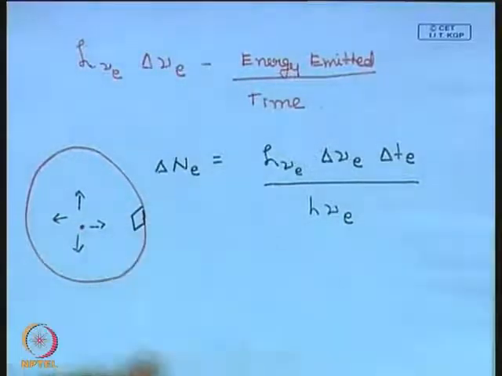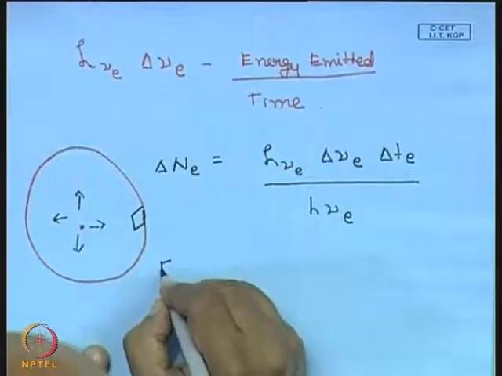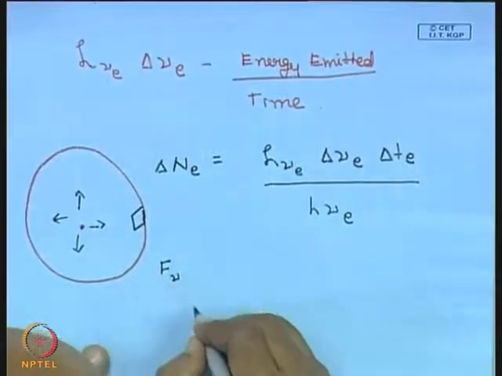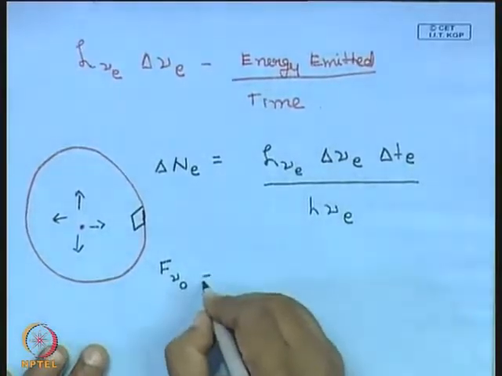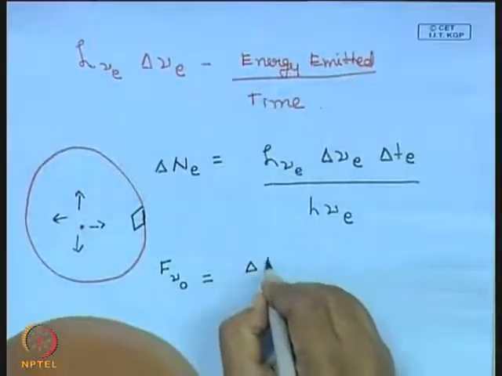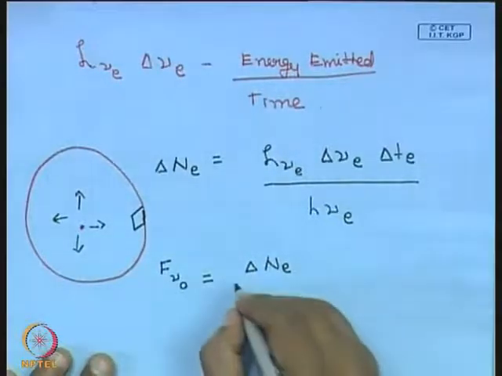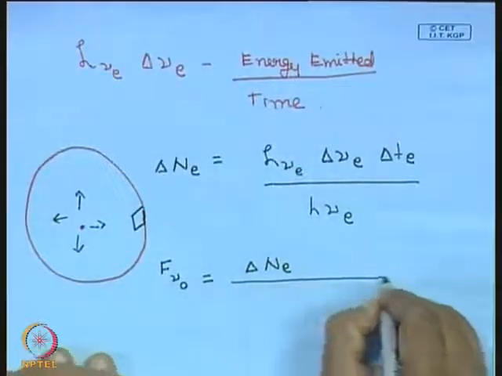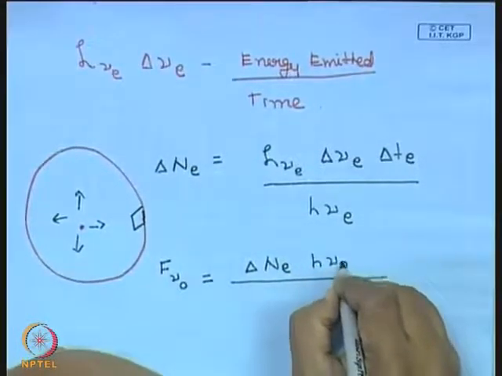So the same number of photons will be received over here, and to determine the flux at the observer, I have to multiply delta n emitted with the energy of each photon.